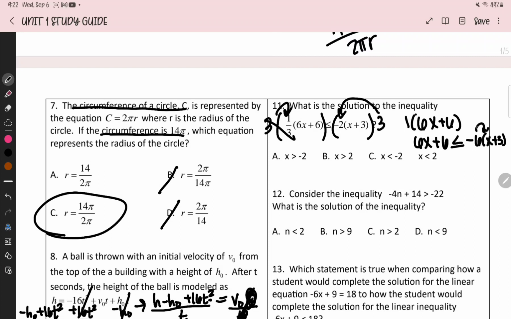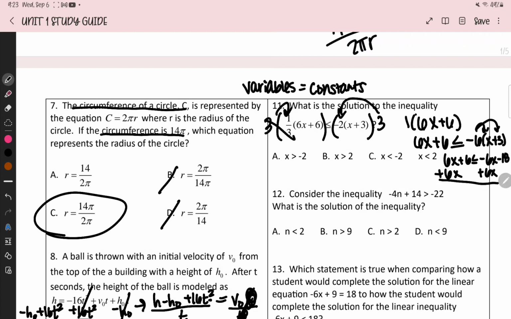I'm going to distribute here. So I'll have 6x plus 6 is less than or equal to negative 6x minus 18. I'm going to add 6x to both sides because, just like with equations, I want to move all of my variable terms to the left and all my constants to the right. It makes it really easy to read off and to graph when it's like this.